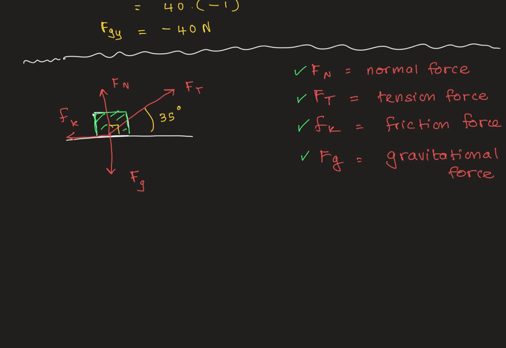Let's say we don't know anything about these, and I'm asking you to find the x component of the tension, y component of the tension, x component of the normal force, y component of the normal force, and so forth.